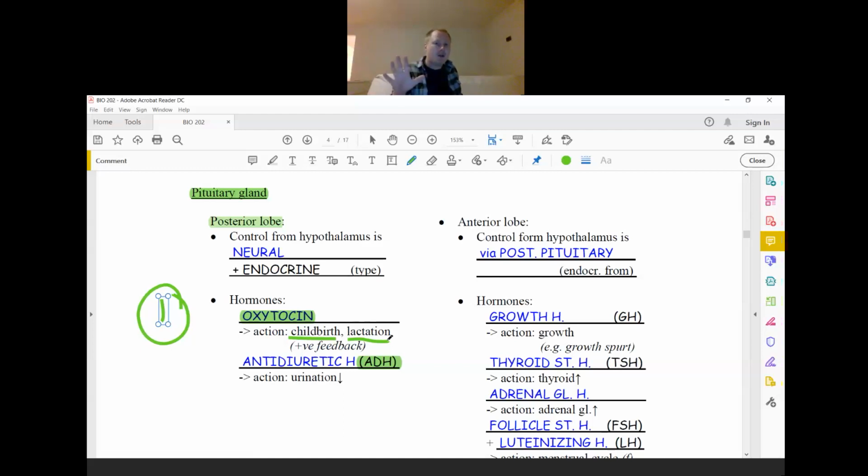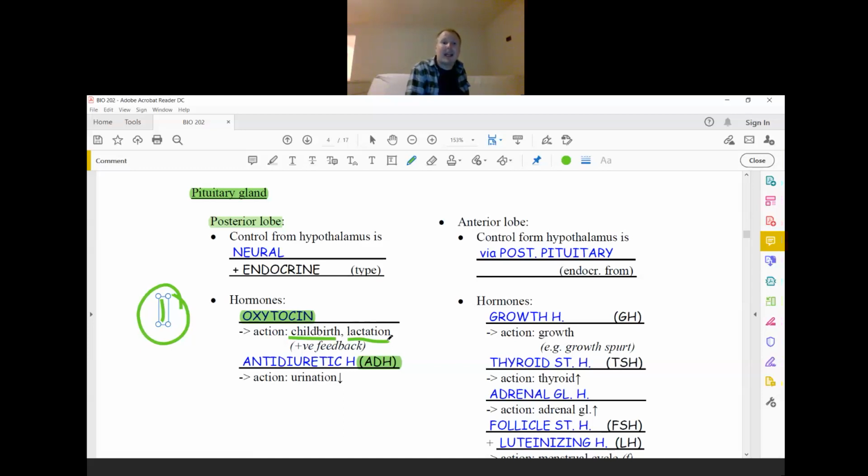So both of these processes are a little unusual for what we've seen in the past because they are examples of positive feedback in the homeostatic regulation loop. And we'll talk about what positive feedback means in a little bit, because it is such an important concept.